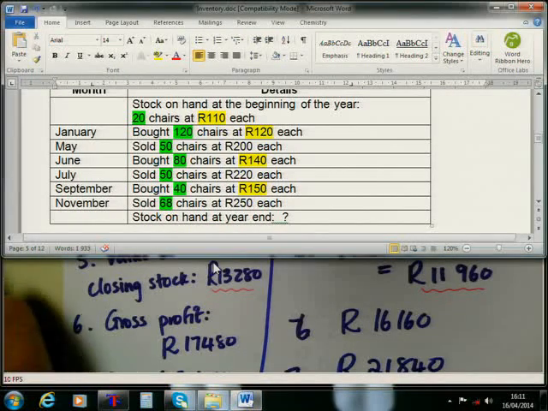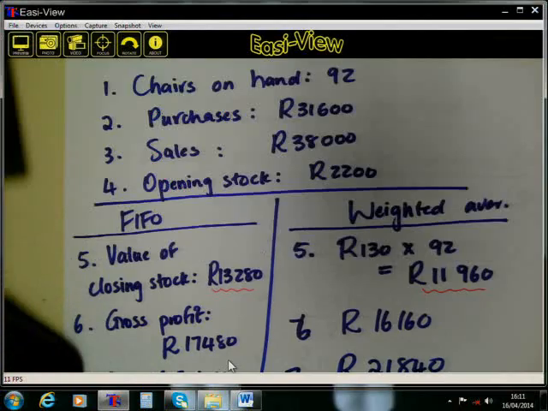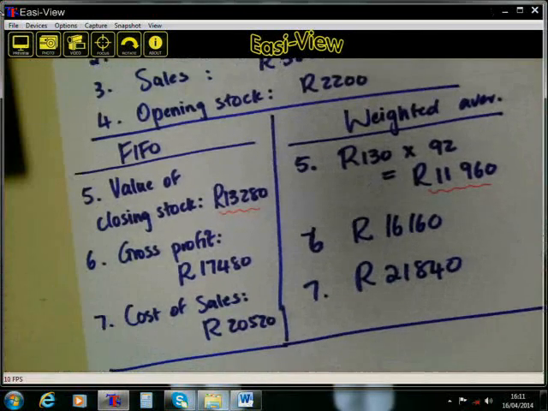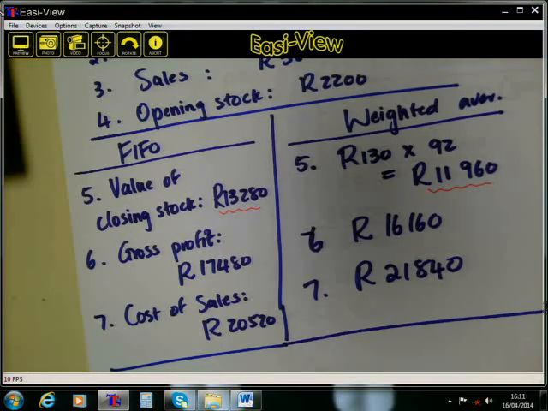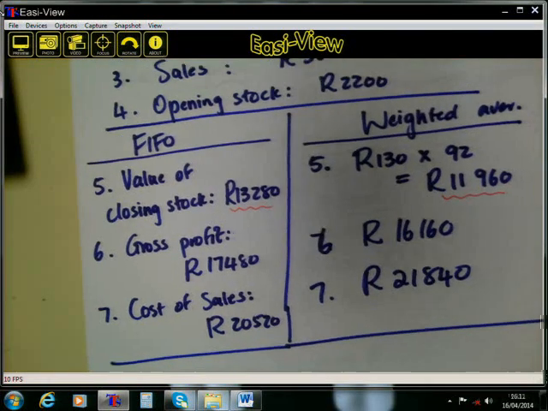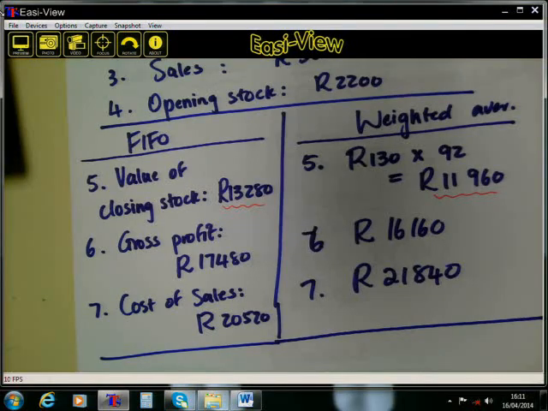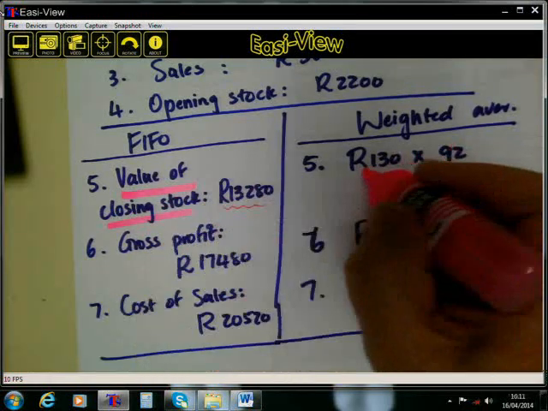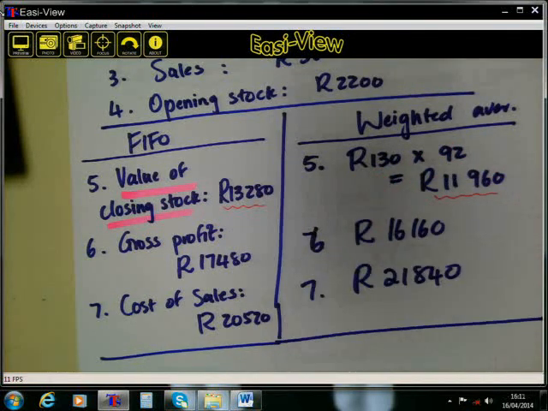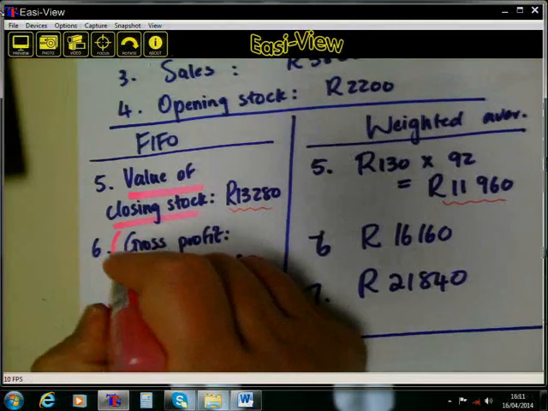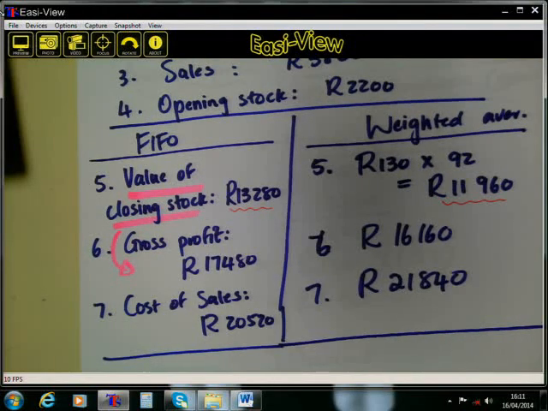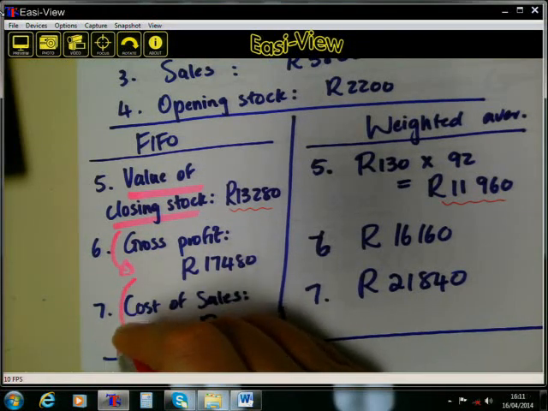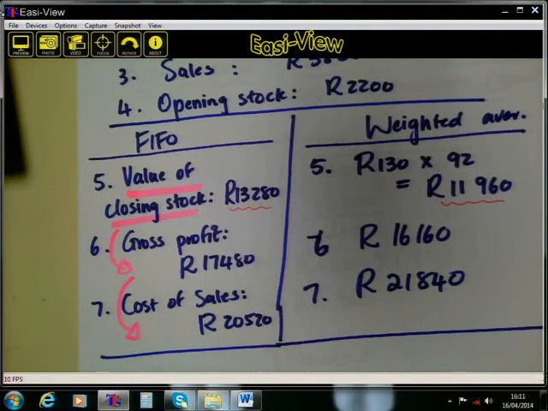And the moment that we start calculating, they're going to tell us, now you're going to work in the FIFO method, and now you're going to work in the weighted average method. And the main thing to calculate is basically your value of the closing stock. Because the moment that you've got the value of your closing stock, that is going to influence the gross profit, like I showed you in the trading account, and that is going to influence your cost of sales.